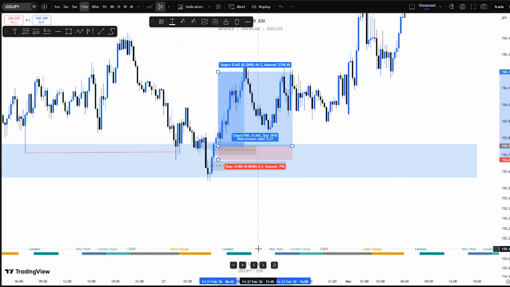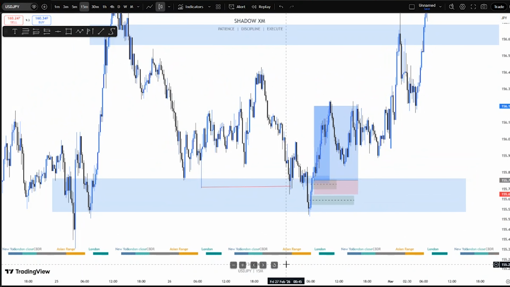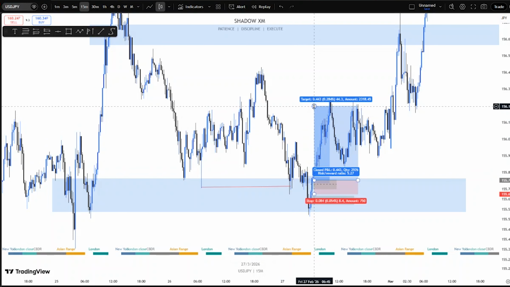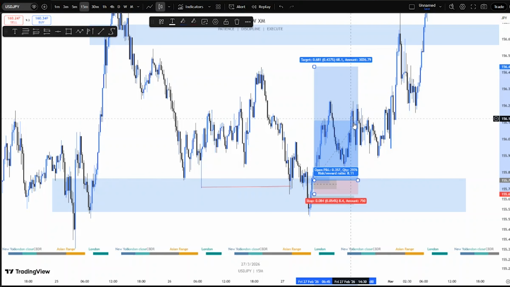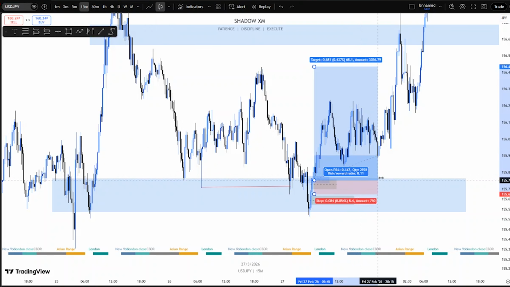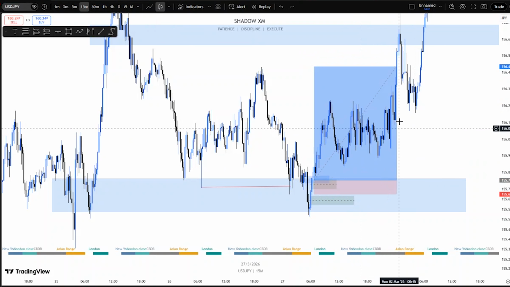I use one of those zones. Then I take the liquidity here, right, which would have given you a very good return. You understand? So that is a buy setup. That is one.